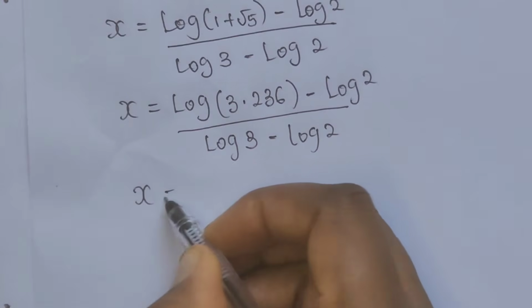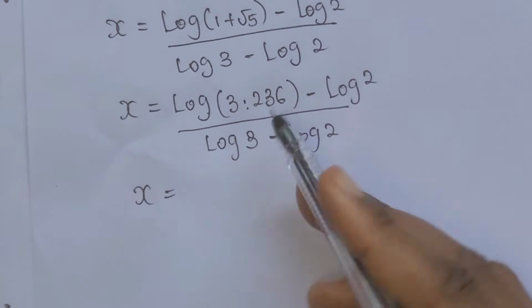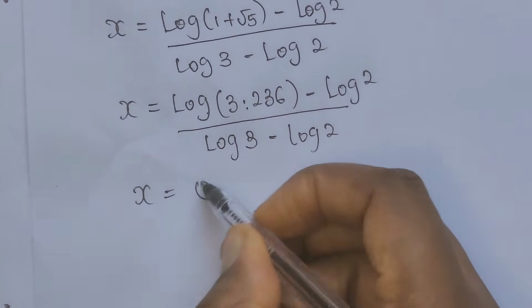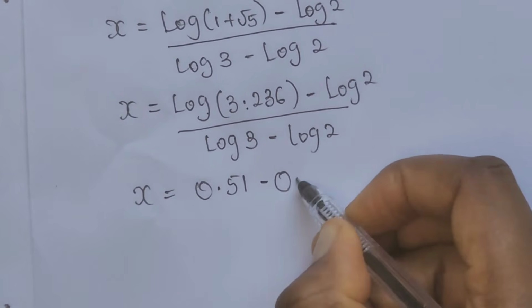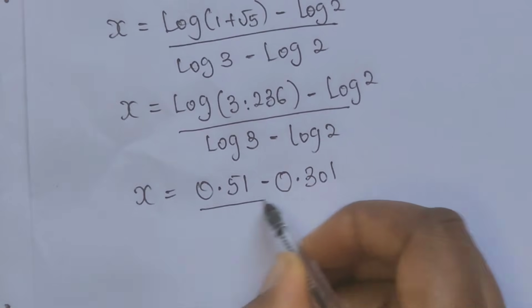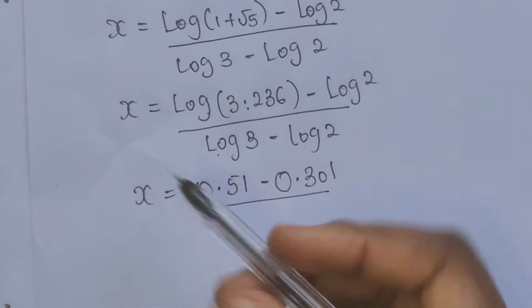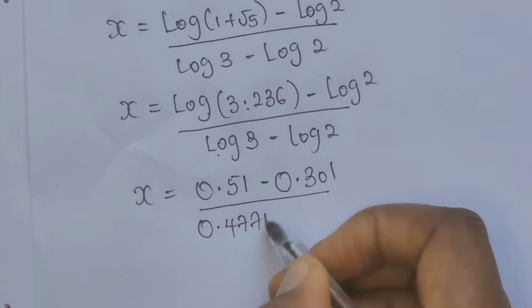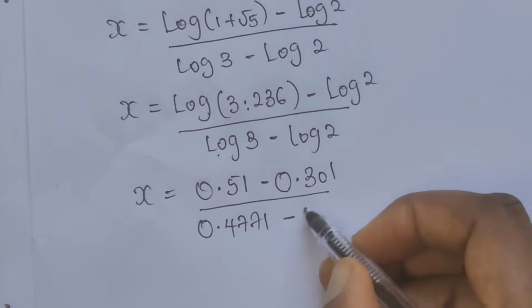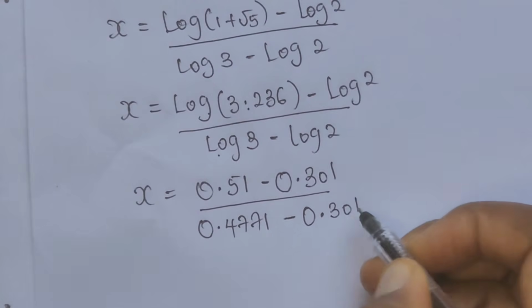So our x is equal to log of 3.236, which is 0.51, minus log of 2, which is 0.301, all over log of 3, which is 0.4771, minus 0.301.